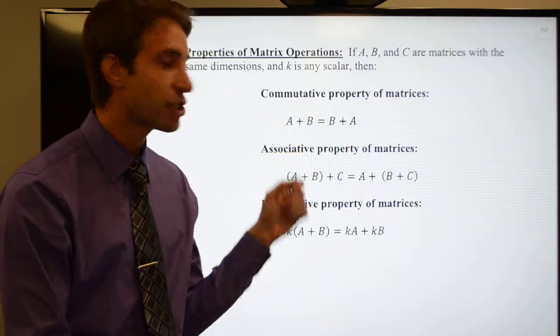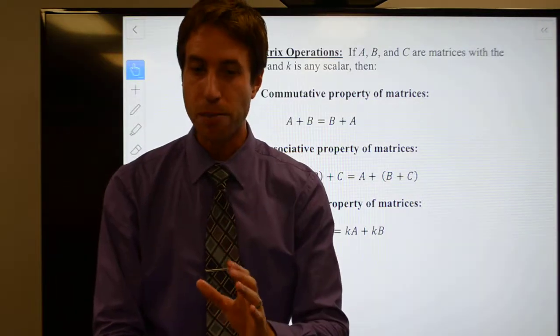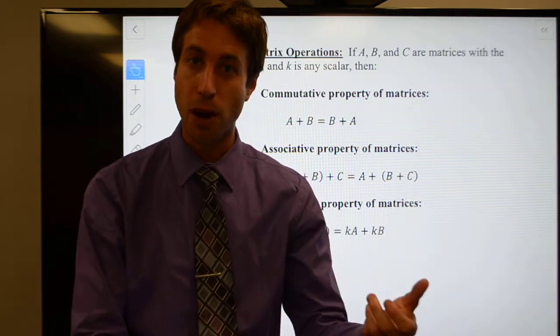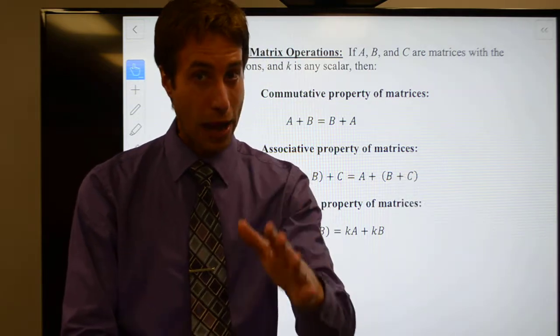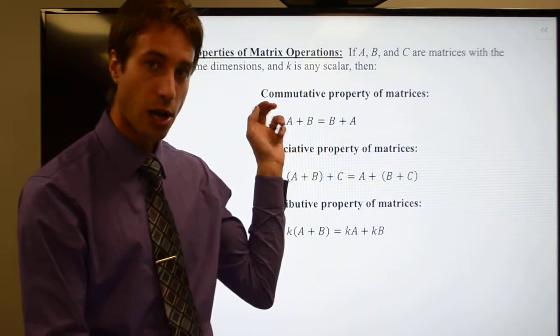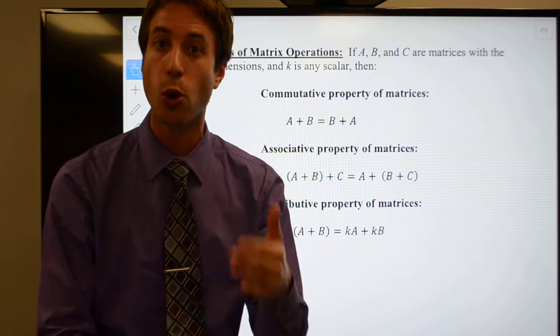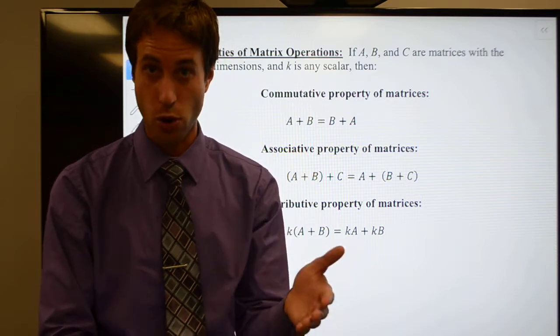Likewise, when it comes to the associative property, for real numbers, we have the associative property of addition and the associative property of multiplication. Well, for the exact same reason we just talked about, when it comes to matrices and multiplication, order matters.